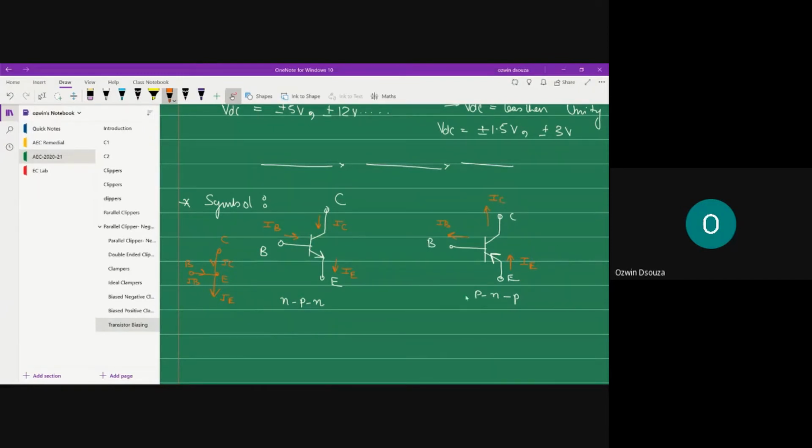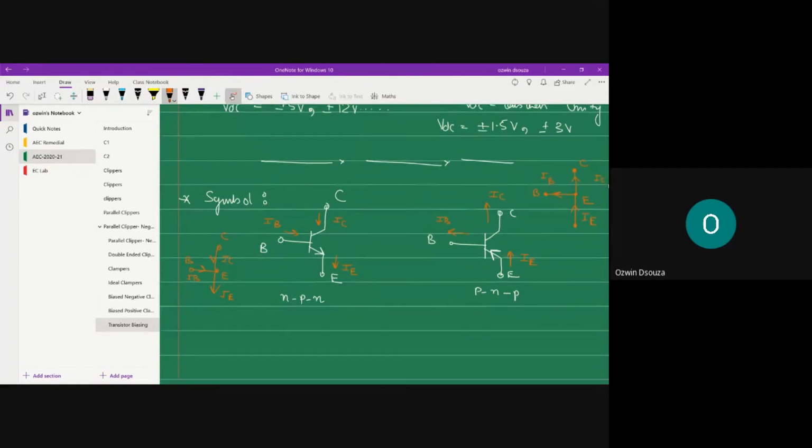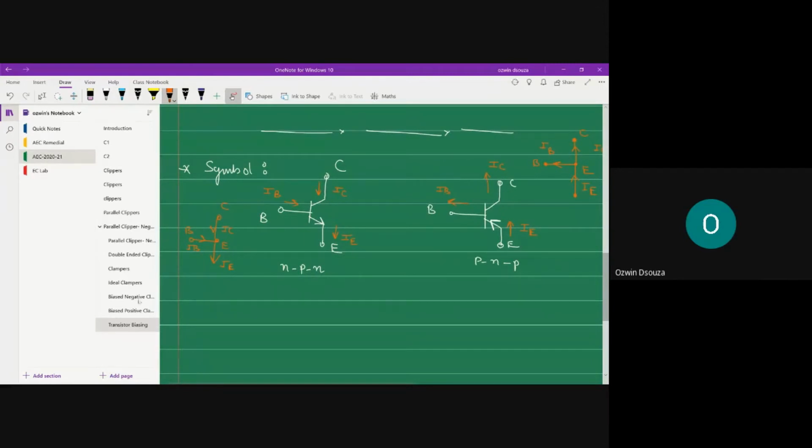The equivalent circuit is probably drawn like this. Let me take this as node E, this is B and this is C. The inward current is the emitter current and it splits into two components, the base current and the collector current. So that's about the device symbol.